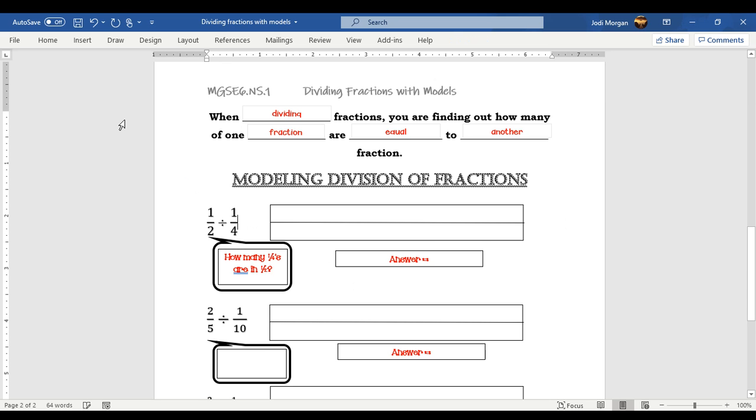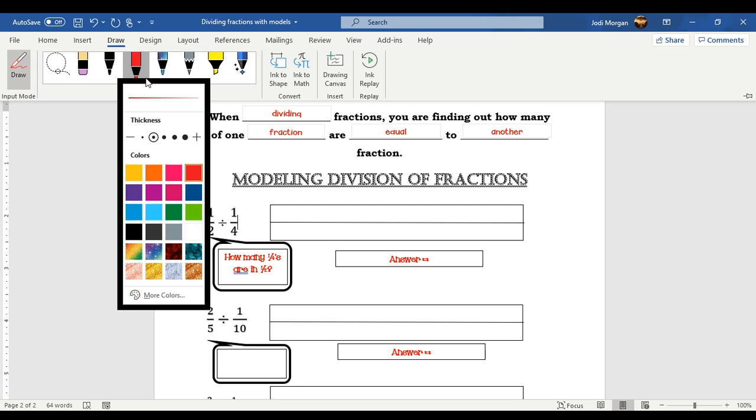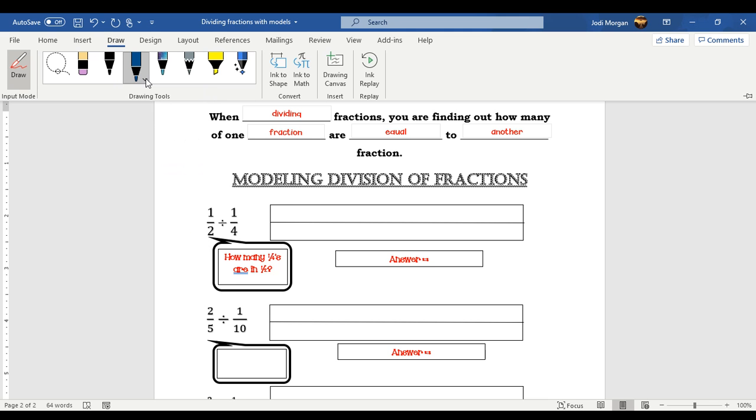So once you've got this, I want to take this right here and split this up. I'm going to use a draw feature, so bear with me. This is not going to be perfect at all. I'm going to try to change this color though. We'll do blue. There you go.